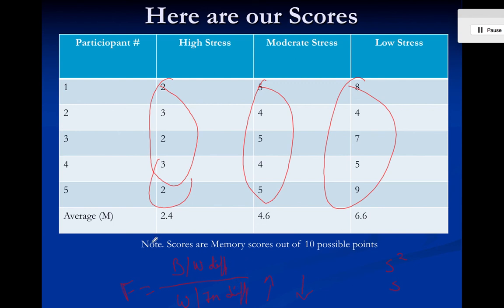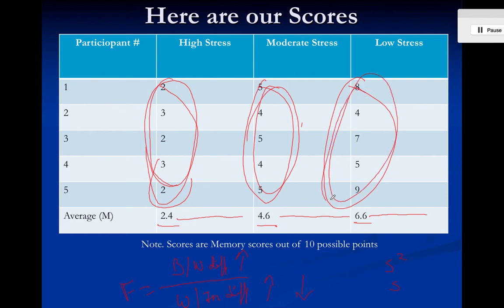What are the between groups differences? They are my averages. What ANOVA is really trying to say is, look, is there a difference between my averages? If there is a lot of difference between my averages, that number will be high. If there is a lot of spread within each one of these groups, this number will also be high.